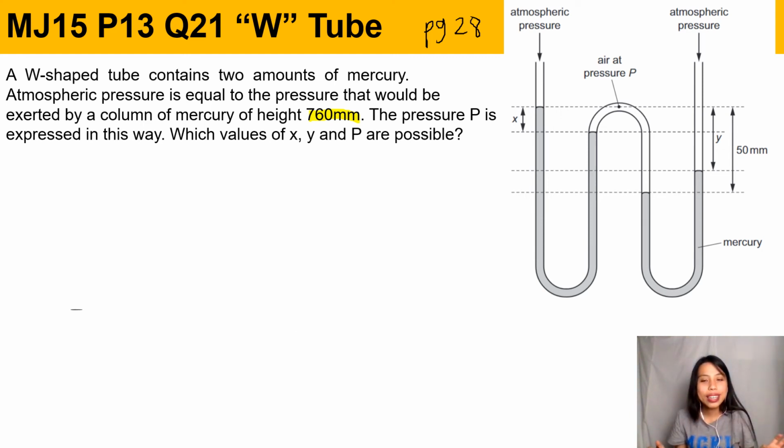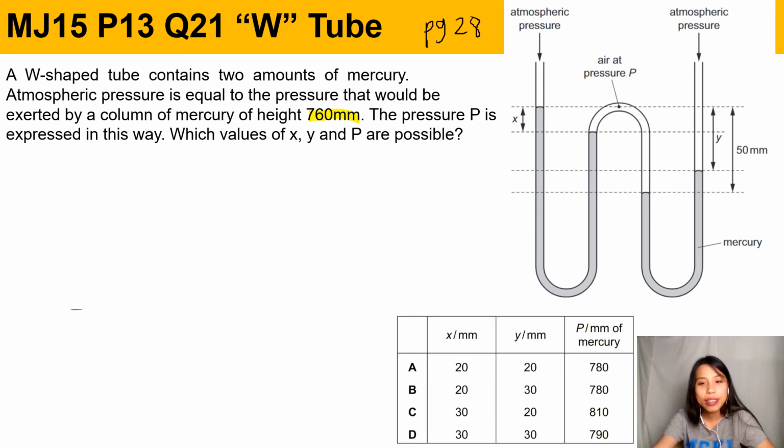Remember I said don't panic if you see a W tube, just break it down. So here are our choices, but we'll look at that later. Let's break down this W tube, cut it in half and treat it like two separate U tubes. So on the left side, what do we have? Atmospheric pressure. Okay, good to know.